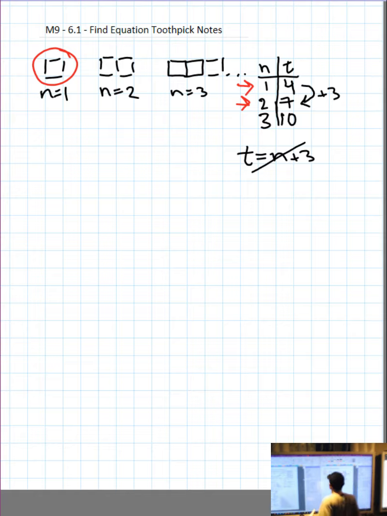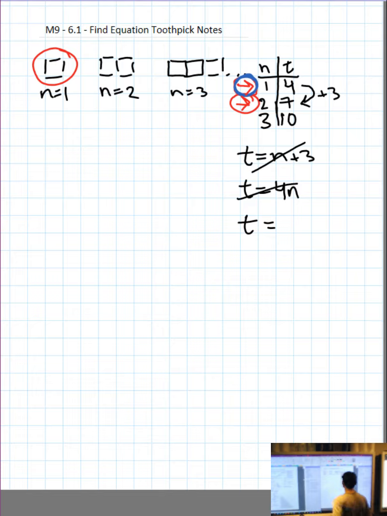So we'll try something else. Well, t equals. Now again, we're going to look at the first line in the table, circled to the left. And we know that it's 4 times n, because 4 times 1 is 4. Then we look at the second line and that doesn't work. So we cross it out. Then we look back at the first line circled in blue and we go, well, it's not just addition or subtraction.